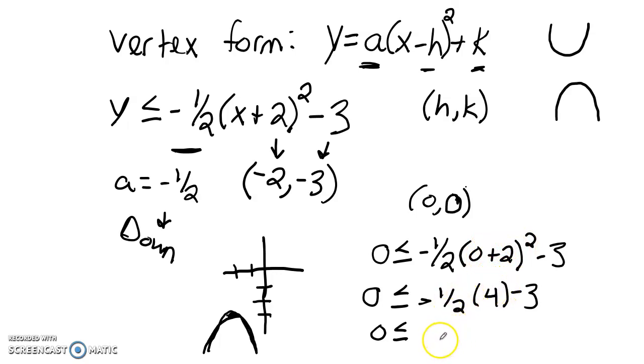Half of 4 is 2, but I've got this negative there, so I've got -2 minus 3. Now I've got 0 is less than or equal to -5.